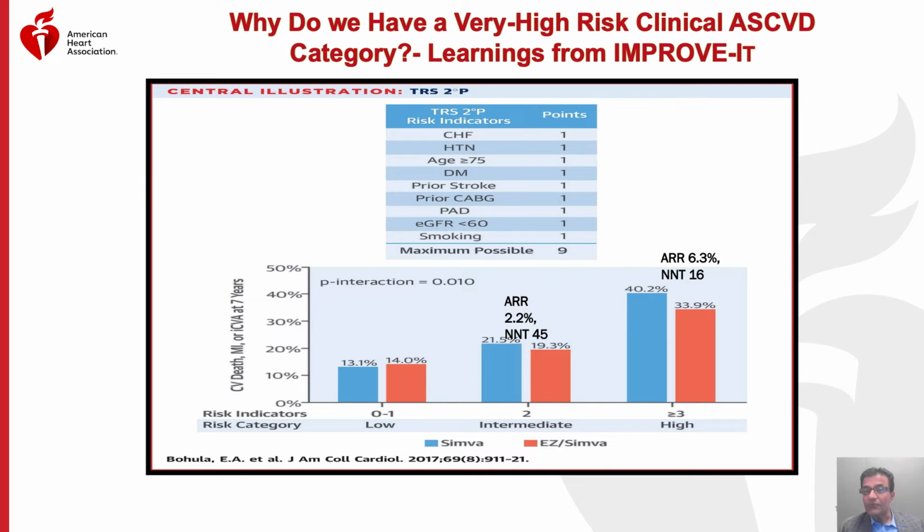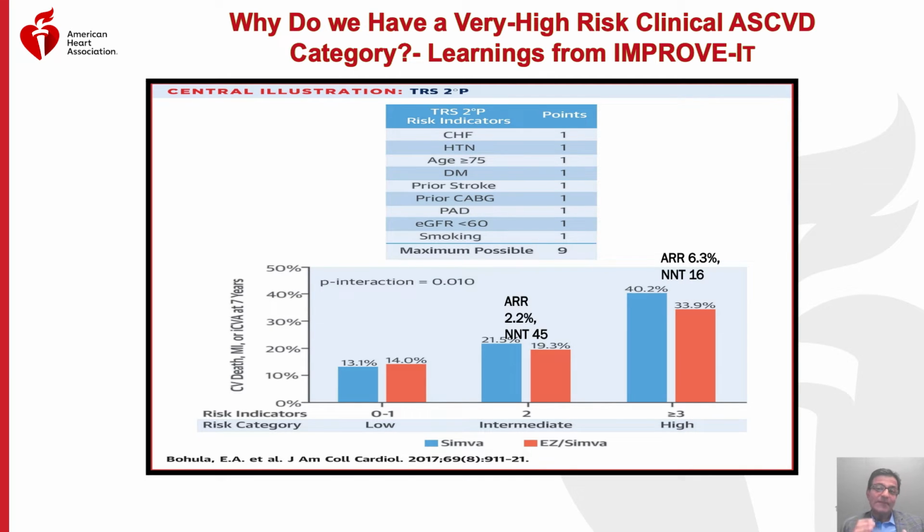As the number of these risk factors went up, so did your event rate. You see 13.1% to almost 40% if you had 3 or more of these high risk features. In fact, if you had 5 or more of these, which is not unusual, those of us who are taking care of patients would know, almost 70% of those patients actually had a recurrent cardiovascular event at about 7 years of follow-up.